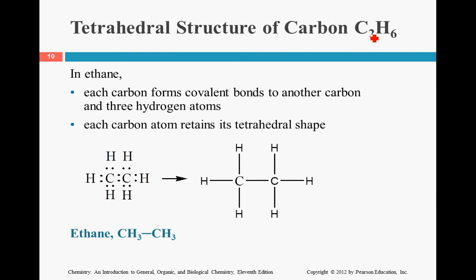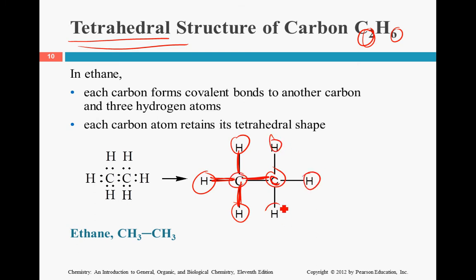Ethane is 2 carbons and 6 hydrogens. We're still going to use the tetrahedral structure, because there's still 4 bonds coming off of it. As long as there's 4 things coming off of it, it's going to be tetrahedral. So there's 1, 2, 3, 4. There's 1 tetrahedral, and then if we're looking at the second carbon, here's 1, 2, 3, 4.